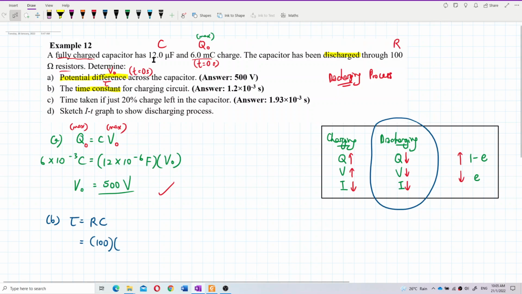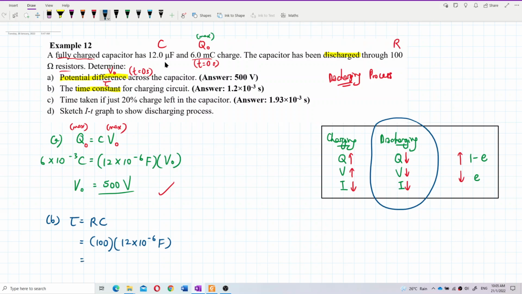Capacitance is 12 microfarad. Change to SI unit: 12 exponent negative 6, because exponent negative 6 is micro. Farad, already SI unit.